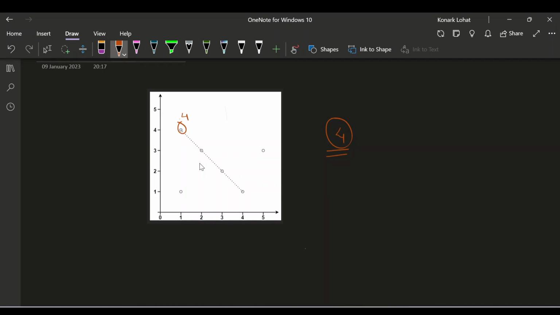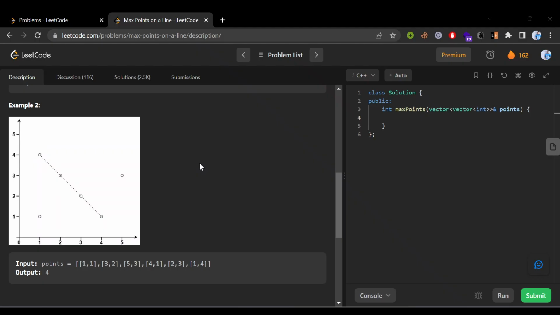After getting those slopes, I will check whether any slope is equal to the previous ones that I have got. If so, I'll increment the count, indicating that I have got a new point. That is the whole crux of this problem.